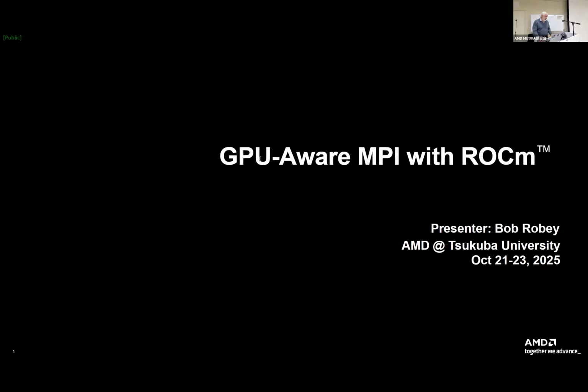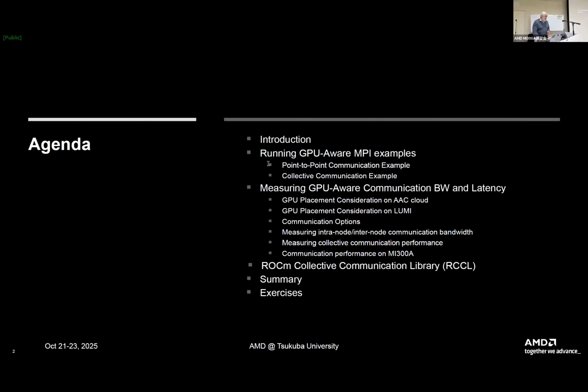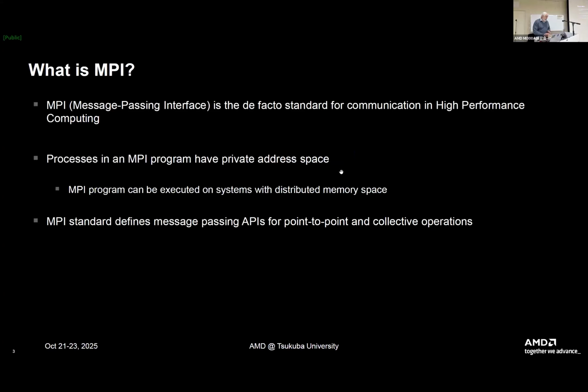Okay, let's start with message passing, which is what we're going to use to communicate between the different GPUs. We can do MPI within this node of 4 GPUs, but we can also do MPI across the network to an adjacent node with another 4 GPUs.